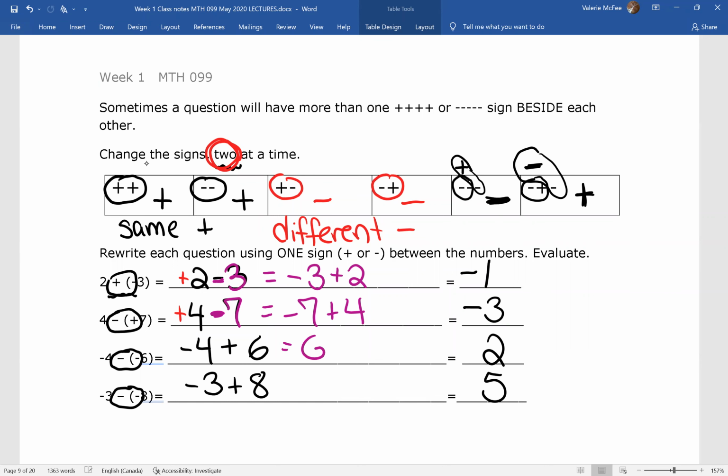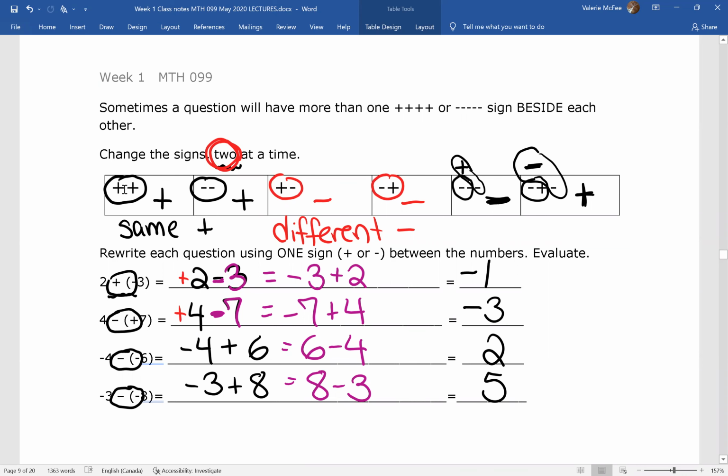That means this becomes 6 minus 4, which is definitely easier to look at. And this one, 8 minus 3. You may want to practice rewriting questions so that you can look at them more easily.